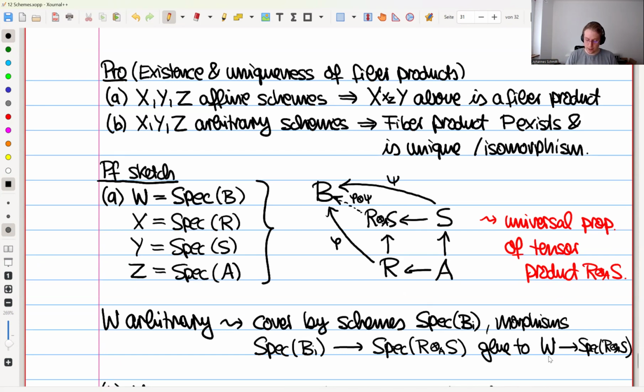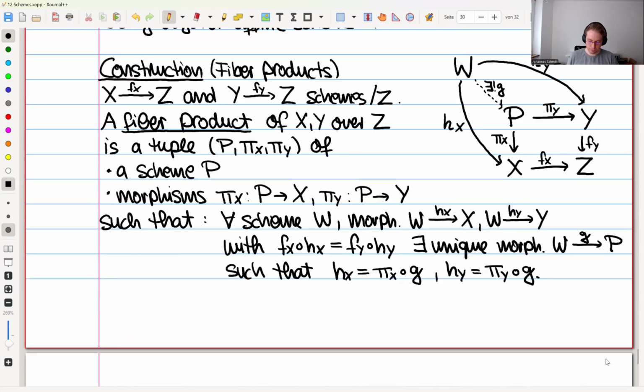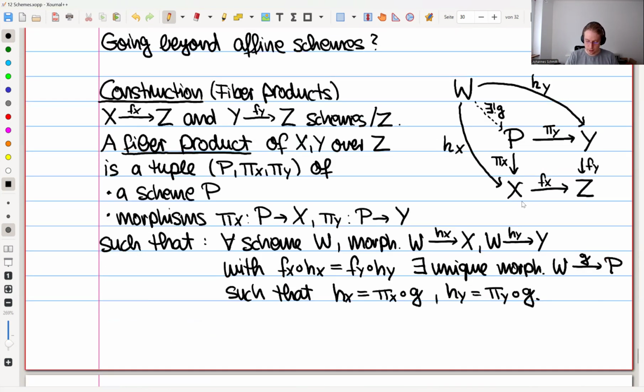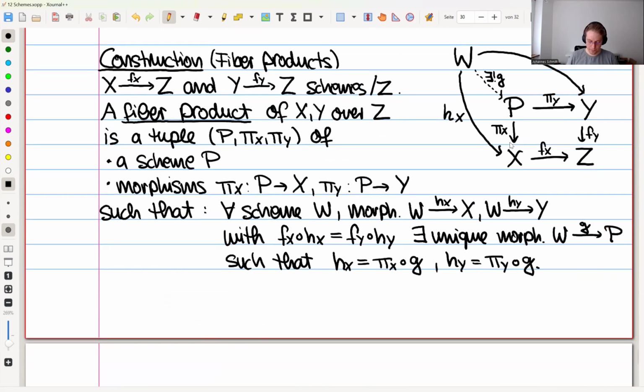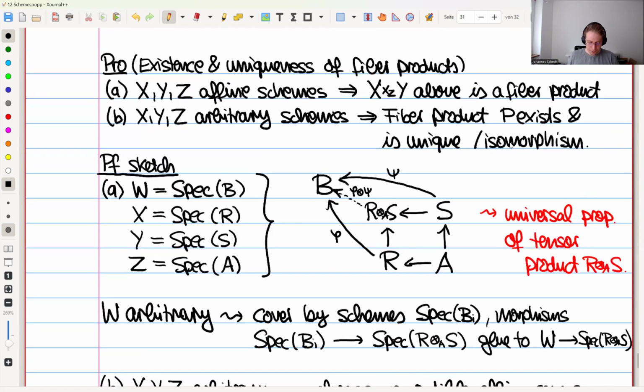And so they glue back together to a morphism from W to this fiber product. And this is exactly what we wanted to construct: given this outer diagram, you find this morphism here. Okay, so this shows that on the level of affine schemes, we really do the right thing here.